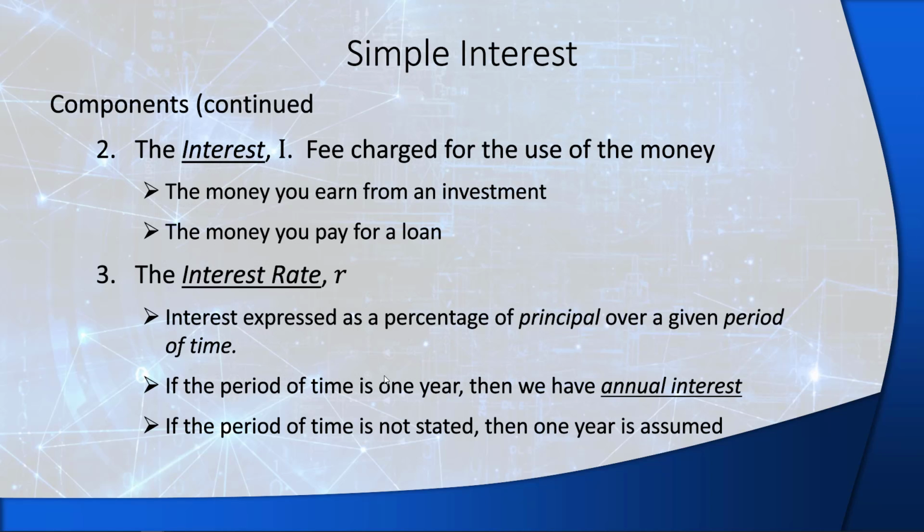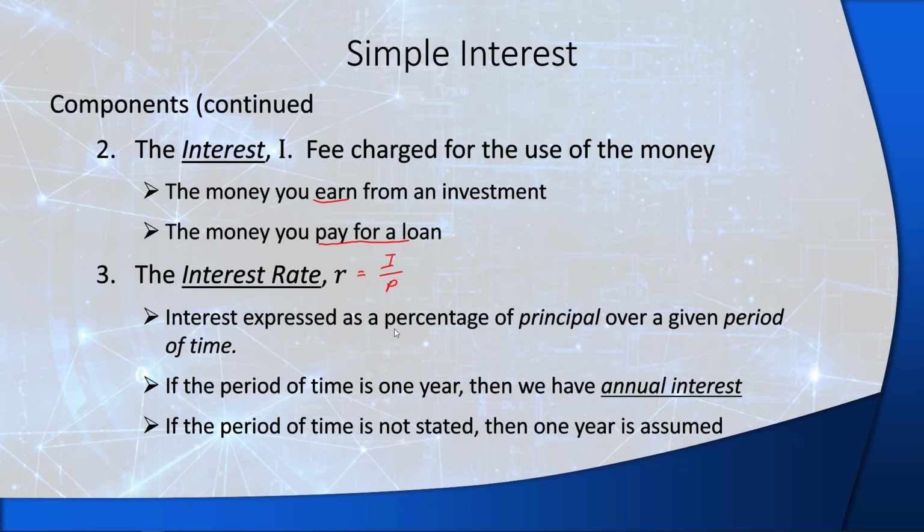The second component is the interest, and this is the fee that's charged for the use of the money. If you have an investment, then it is the money that you earn from an investment. If it is a loan, then it is the extra money that you will pay at the end of a loan. The interest rate is actually nothing more than the ratio of the interest to the principal.